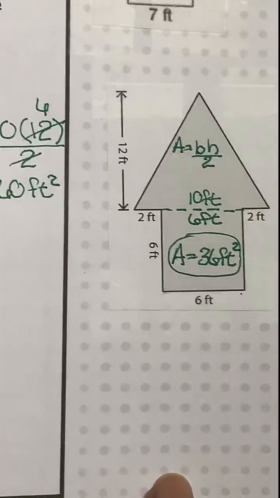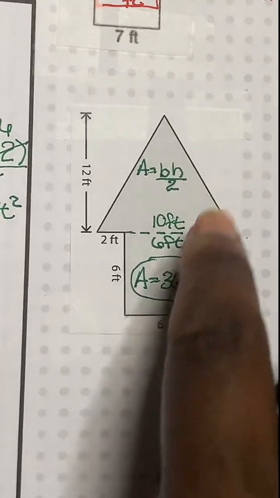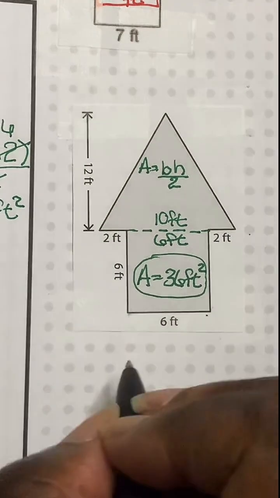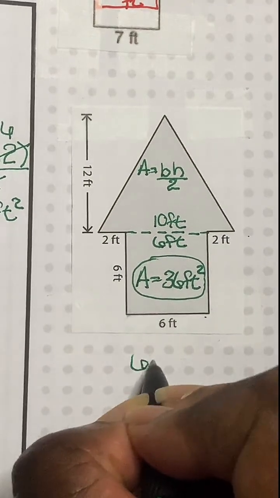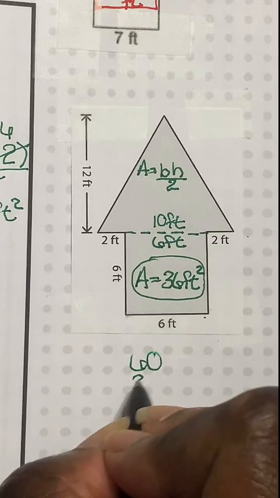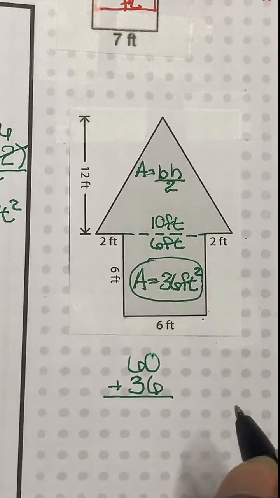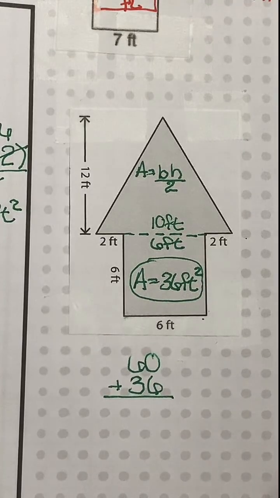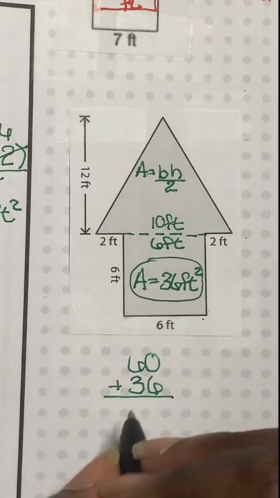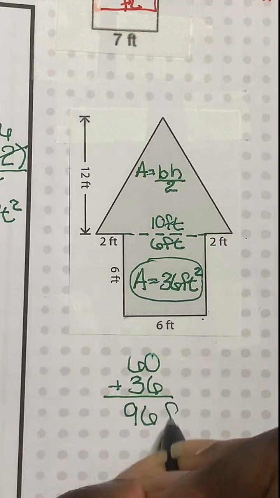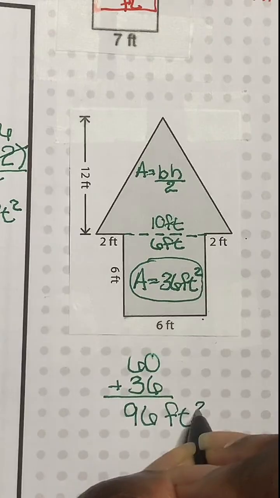So now we need to put it all together because we want to find the area of the whole arrow. So we have 60 plus that 36. That means the area will give me 96 squared feet.